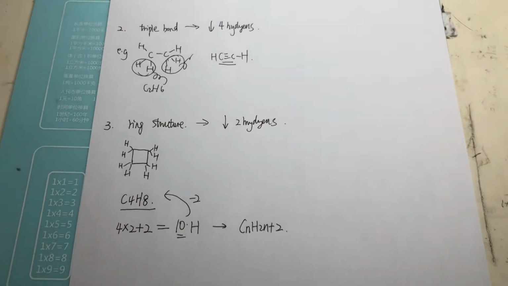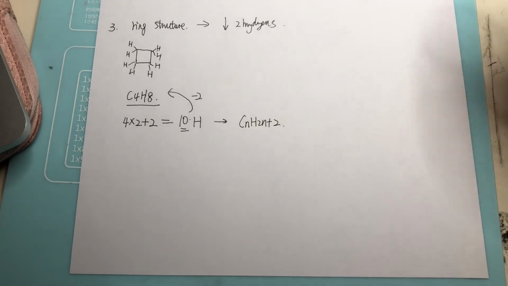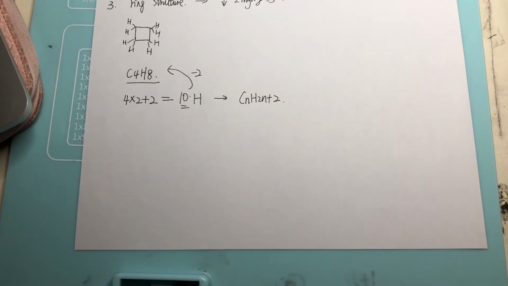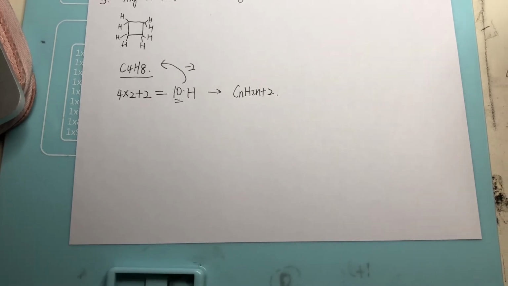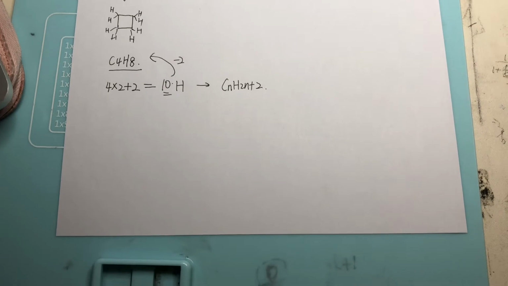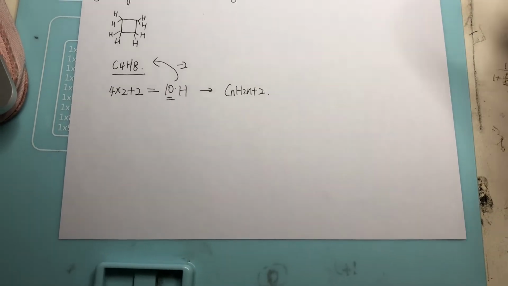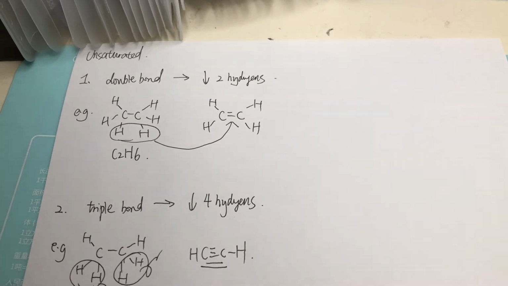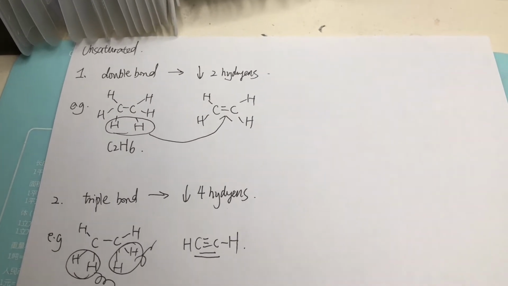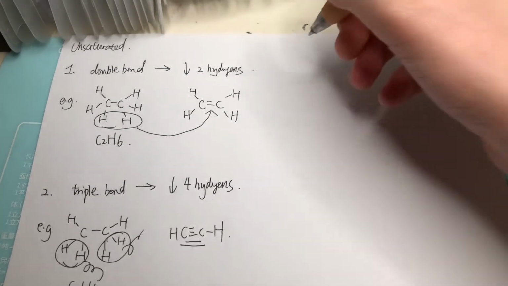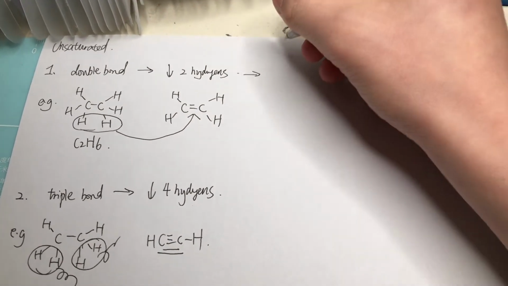Okay, now what is the definition of the degree of unsaturation? When compared to the saturated form, if it lacks 2 hydrogens, then it's 1 degree of unsaturation. For example, this molecule possesses a double bond, and because it lacks 2 hydrogens compared to the saturated form, it's 1 degree of unsaturation.